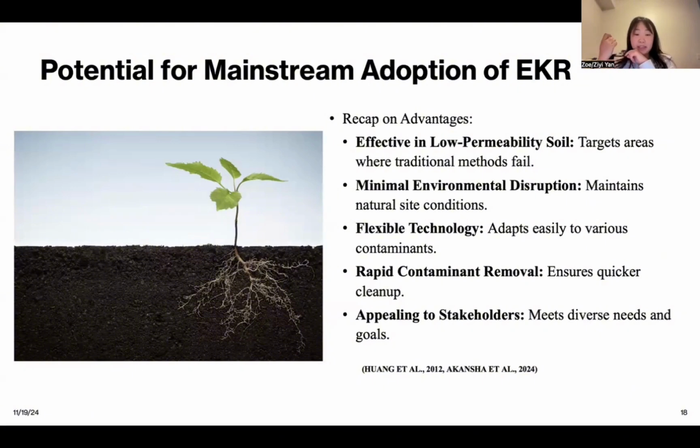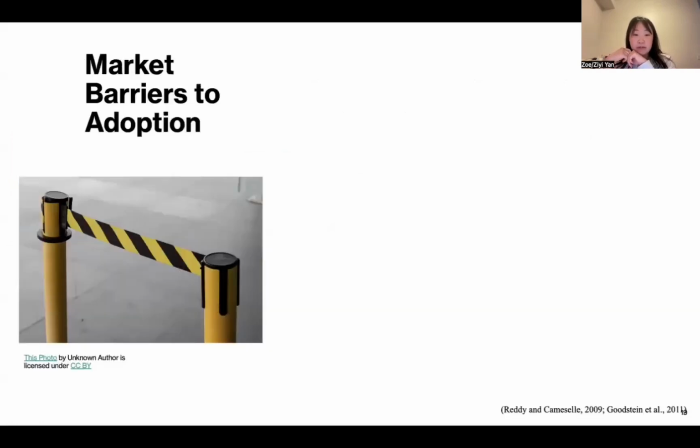It can rapidly remove contaminants from the soil, and it's overall a very appealing technology to stakeholders. These points underscore why EKR is not just a promising technology, but also a practical solution for our environmental challenges nowadays. Understanding these benefits helps us appreciate the potential barriers to its wider adoption, which we will discuss in the following slides.